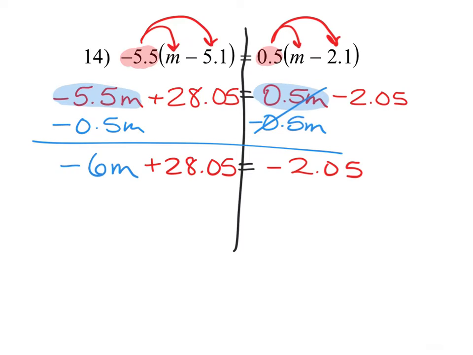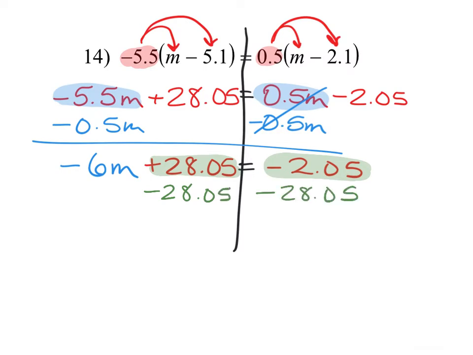All right, fabulous. So now I'm going to look for all of the straight up numbers. These are called constants. These numbers don't have any variables next to them. And I want to move all of the constants, without a variable, to the right side, which means I'm going to do negative, the opposite, 28.05 on both sides.